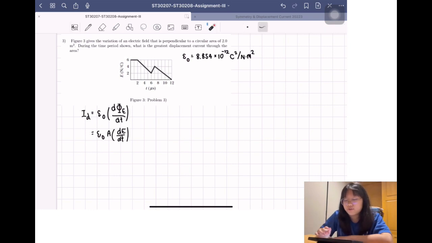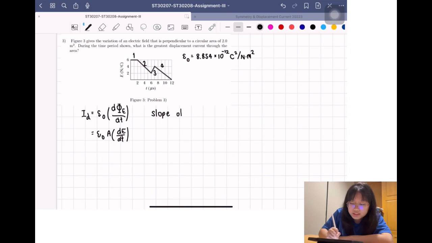So if we want to find the greatest displacement current, we need to find the highest dE by dt, which is the highest slope in this graph. In this graph, it's divided into 4 parts. For the first part, the slope is clearly seen to be equal to 0.